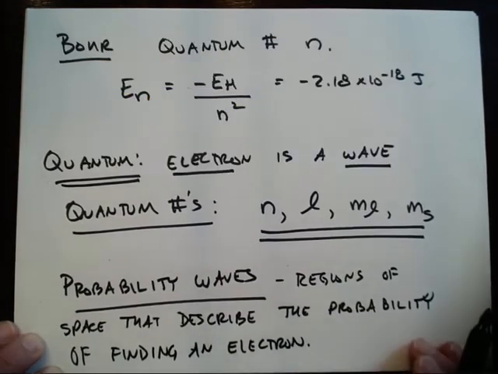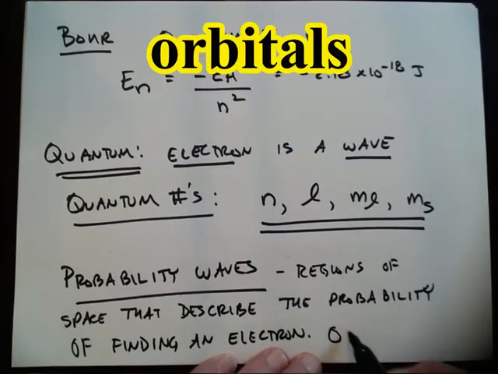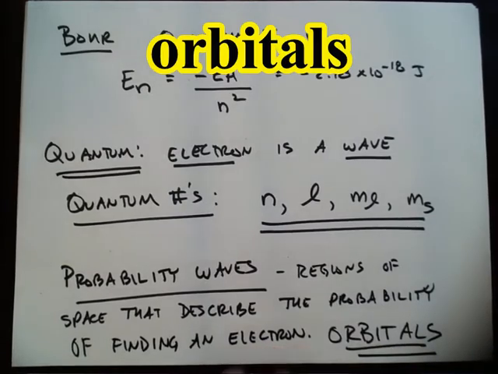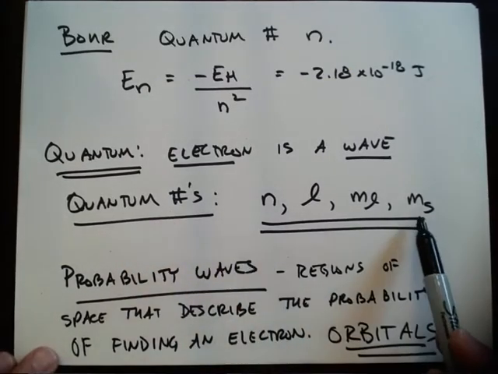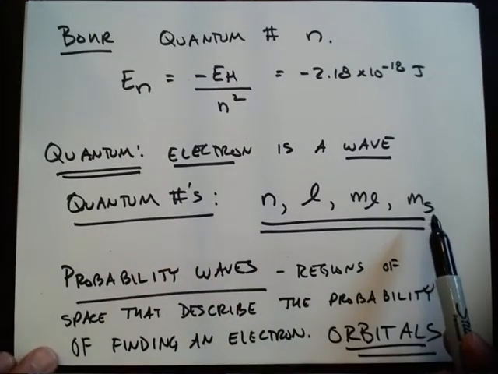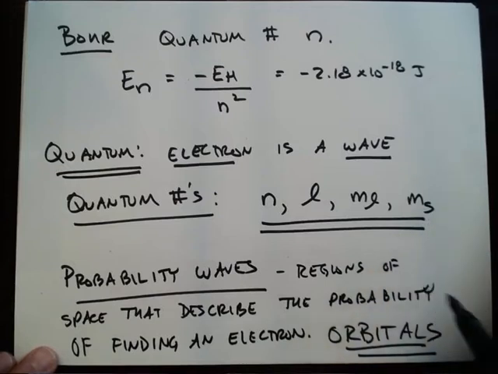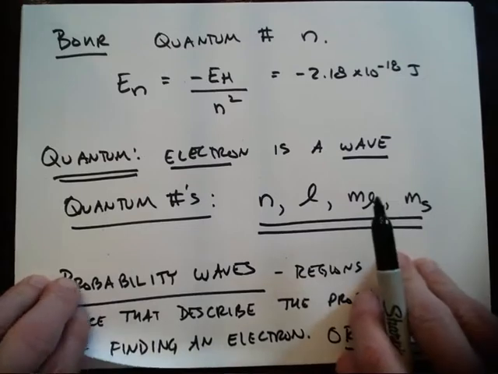These probability waves are also called orbitals. And again, there are four quantum numbers that are going to be required to describe an electron in a particular orbital. Let's look at these four quantum numbers in turn.